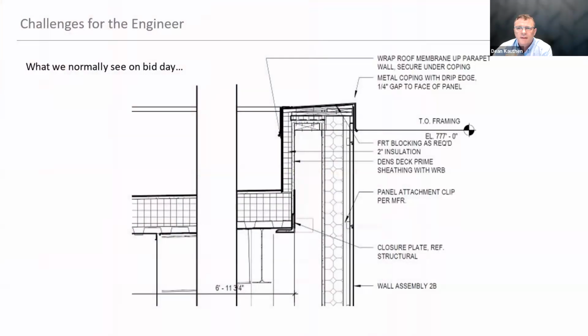So this is what we often see on bid day. This leaves a lot open to interpretation as to how the cladding is going to be supported, resulting in a difference in the actual effective wall performance that this project would end up with.